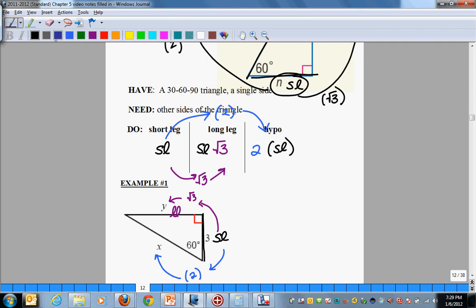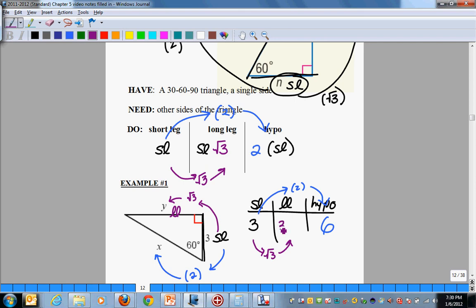So if our short leg is 3, if we times by 2, our hypo must be 6. And our long leg, if we times by root 3, is simply going to be 3 root 3. So in this scenario, x is going to be 6, and our long leg is going to be 3 root 3.